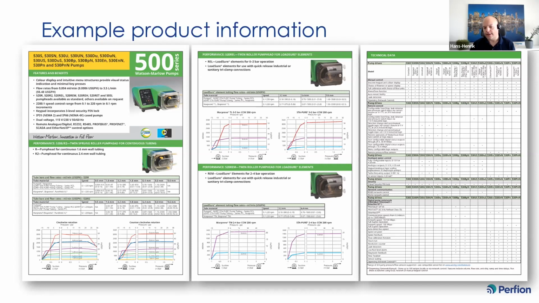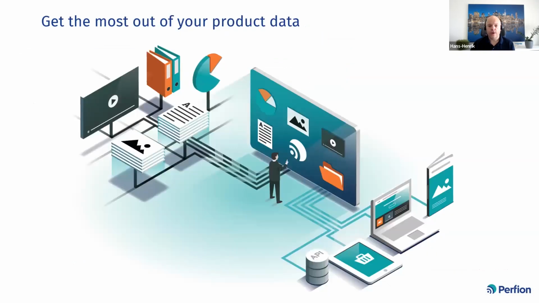This is a picture of their data sheets with performance charts and various technical information. There are a lot of images, logos, and some unique selling points. There are comparison tables over on this side and so on. There is a ton of information about just this one product. And all this information has to be stored in one place, and that is in Perfion.